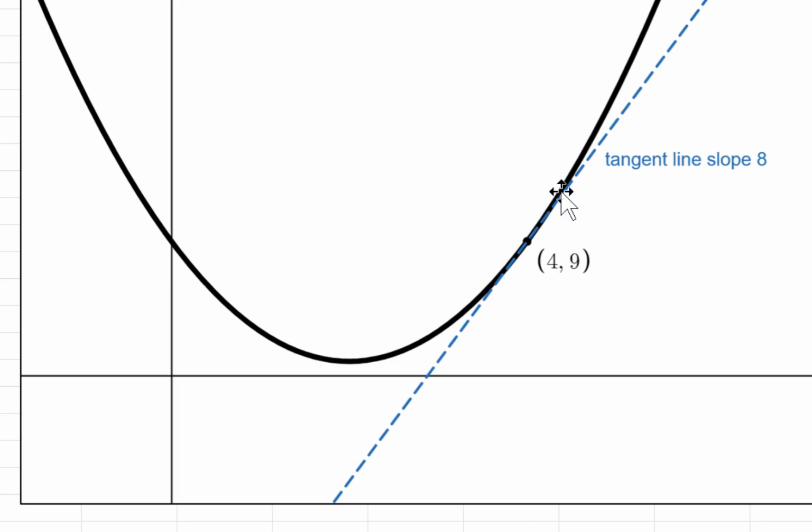The tangent line intersects the function f of x at exactly 1 point when x is 4. It does not intersect at 2 points. It only intersects at x is 4. And right at that instant, the slope of that tangent line is exactly the instantaneous rate of change of the function f of x. You could think of it as the slope of f of x at that instant when x is 4.